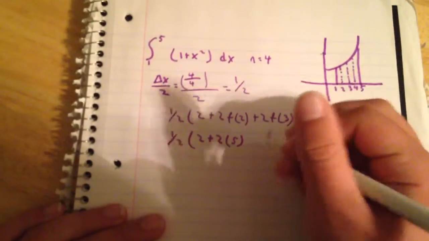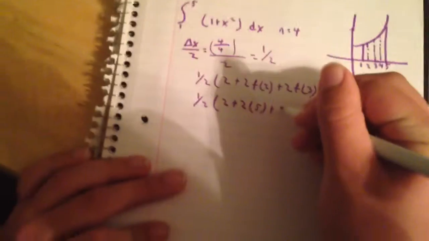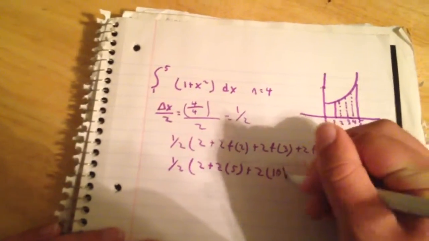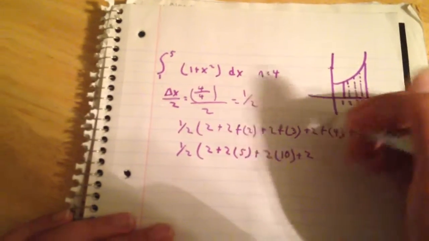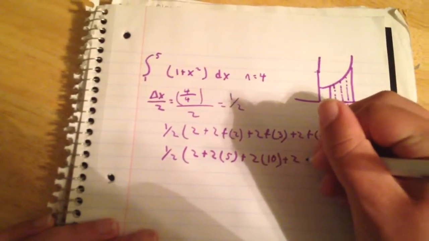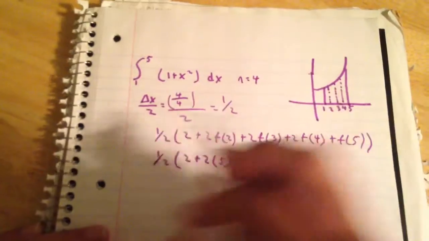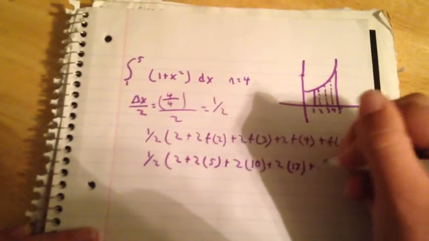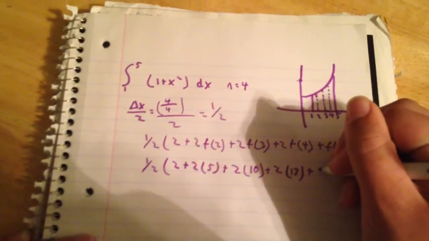And you do it the rest of the way out. So it ends up being 2 times 10 plus 2 times 17 plus 26.